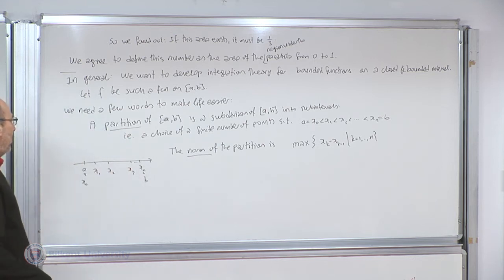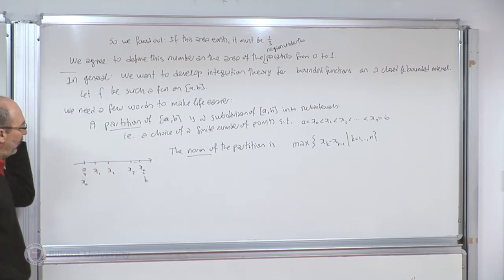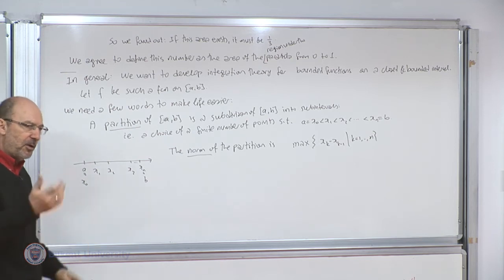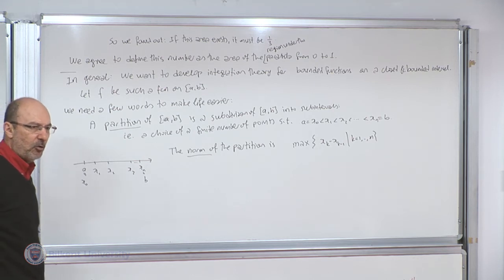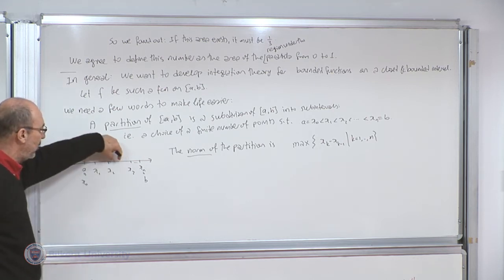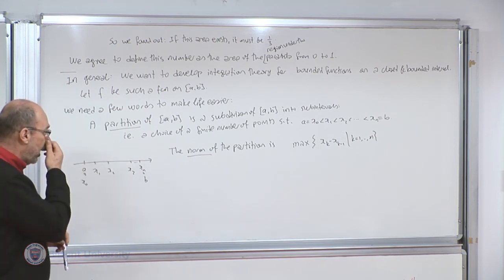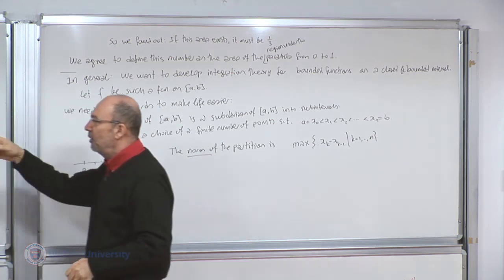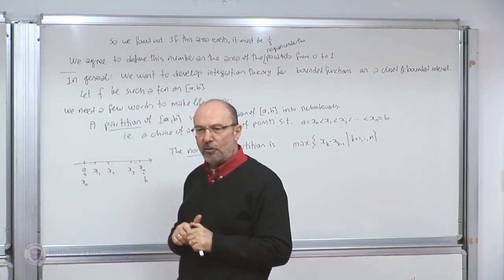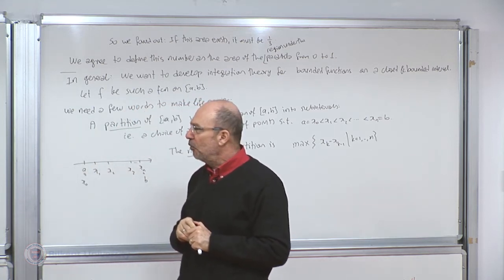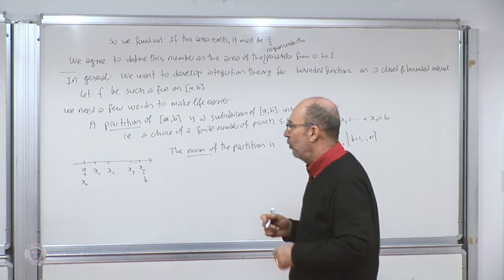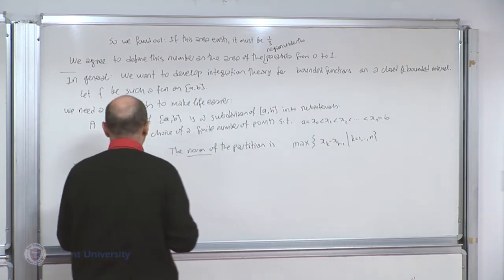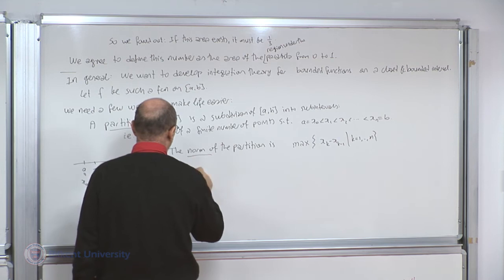So the idea that will carry from the parabola case to here is, instead of sending n to infinity, we will again say send n to infinity, but with the understanding that the norm of the partition goes to 0. So the largest subinterval itself goes to 0. And here the problem was the function was too nice, so we chose points where the function had a minimum and maximum. We don't want to go into that detail. We don't want to be so demanding from f. So we want to evaluate f somewhere, and that we will call a sampling.